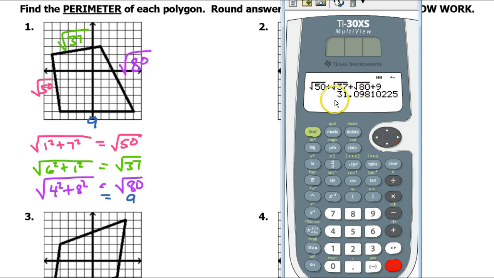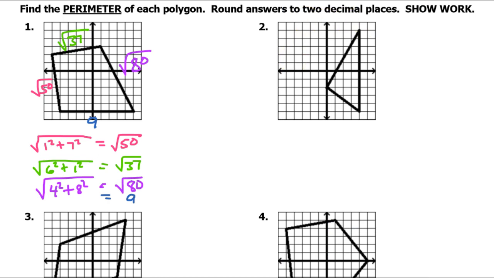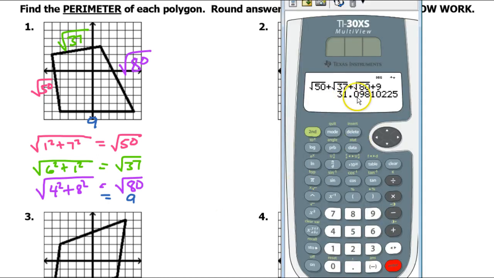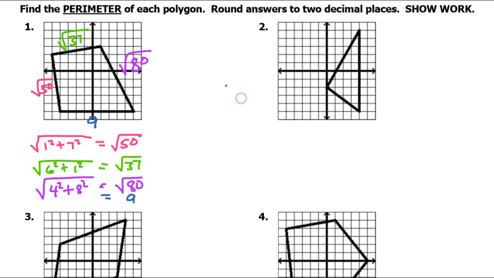So that's 31, let's see, 2 decimal places. 31.0, well, actually, that's going to have to round up. So 31.10. P stands for perimeter. So P equals 31.10.